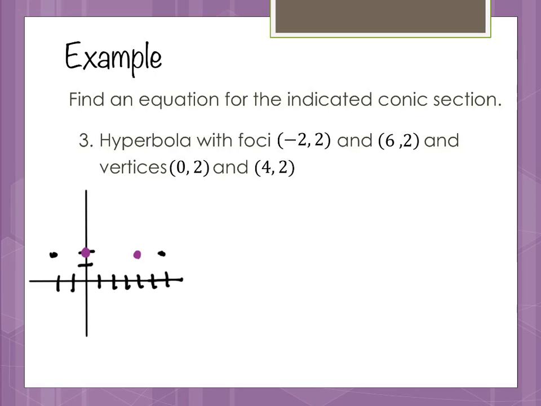Do I have the x's positive or the y's positive? It is x. Those purple dots are the hyperbola vertices, which means it opens something like this, with the black dots being the foci located inside the branches of the hyperbola. So my hyperbola needs to have x first to have its axis along the horizontal.